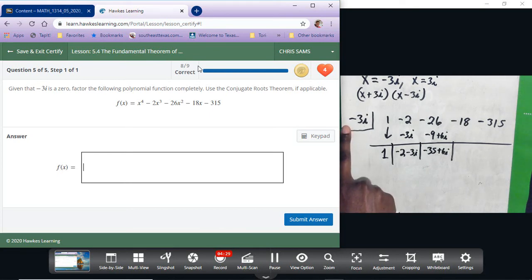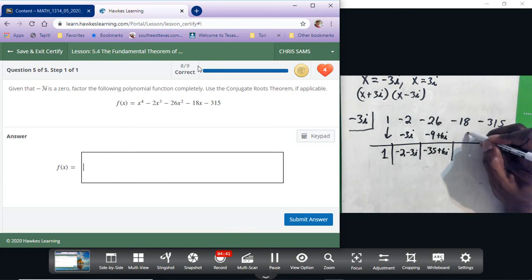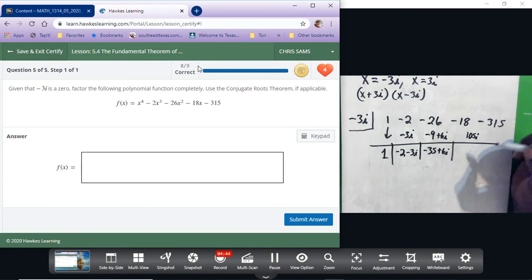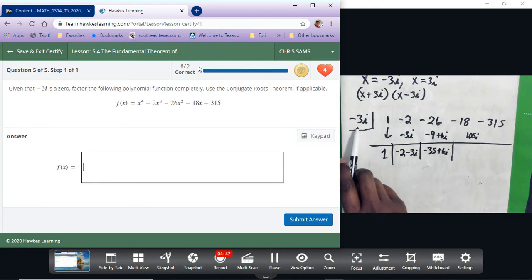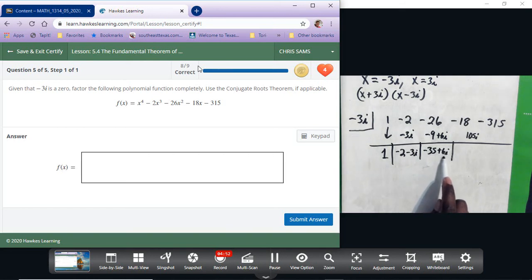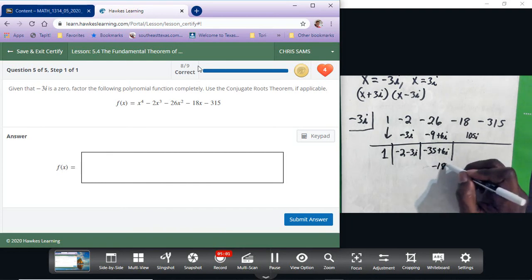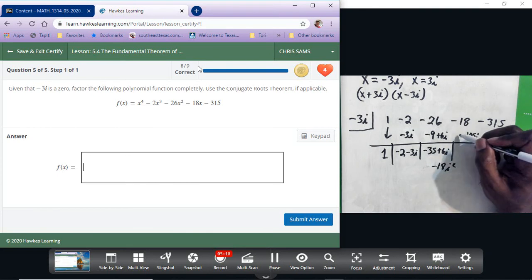Doing so, negative 3i times 35 gives us positive 105i. And then the negative 3i times the positive 6i will give us a negative 18i squared. I squared is negative 1, so when you multiply by negative 1, this becomes positive 18.